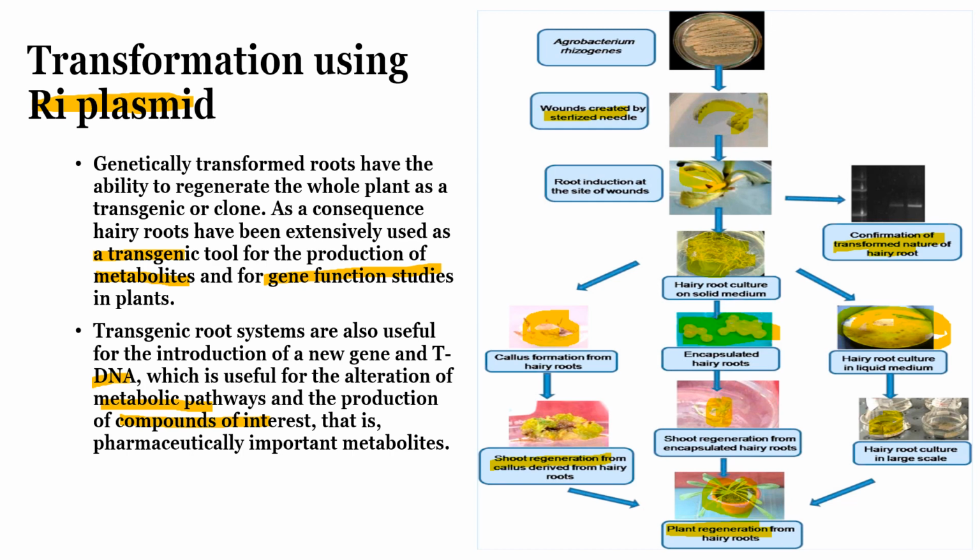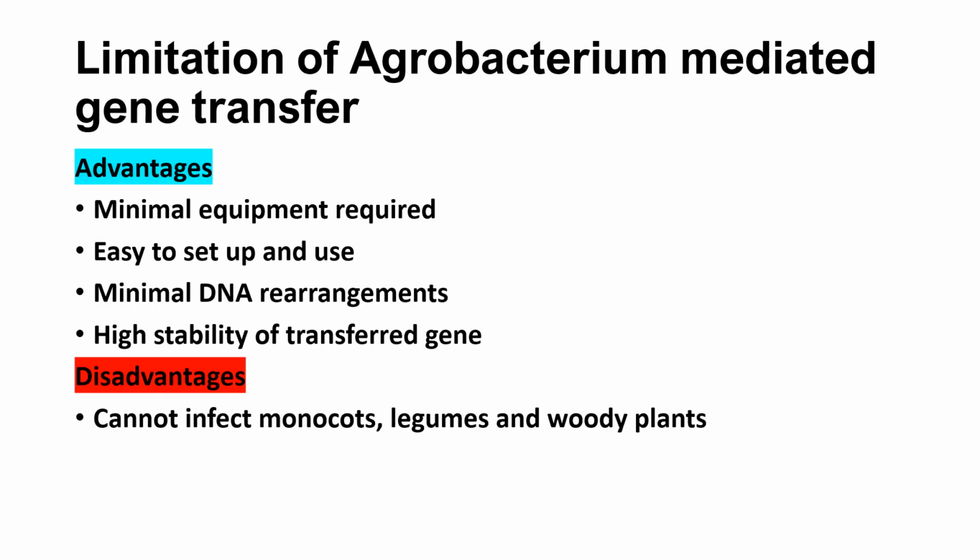Now there are several advantages of Agrobacterium mediated gene transfer into the plant, and there is a big disadvantage as well. Looking at the advantages first, it is a very simple system, easy to set up and use, and it requires minimal equipment.